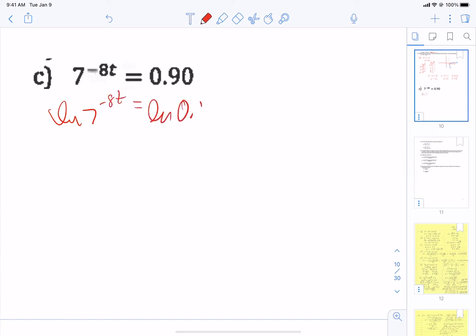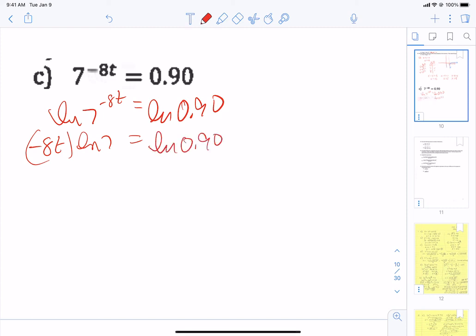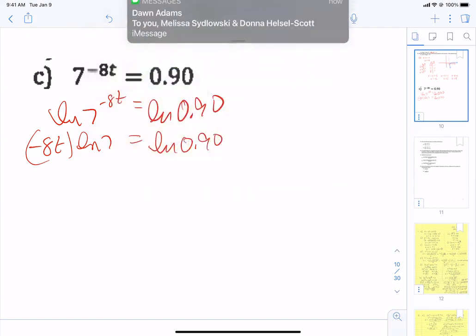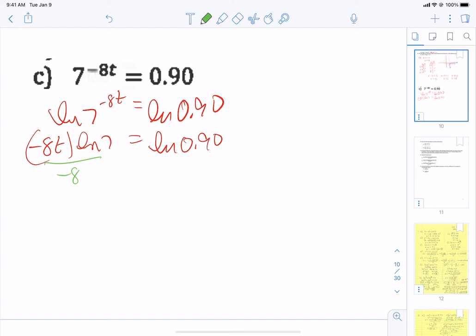I usually tend to go with the natural log, but it can be any logarithm. I'm going to drop this power down in front. Now the natural log of 7, as well as the natural log of 0.90, they're just numbers. So let's divide both sides by -8 natural log of 7, and then we got it.